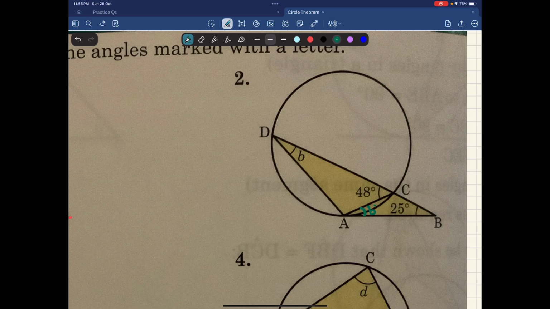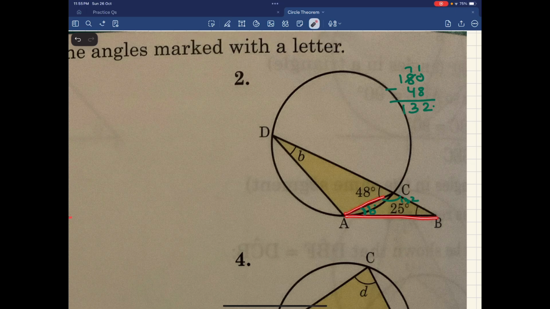Okay, and again we know that angles on a straight line add up to 180. So if this is 48, this would be 180 minus 48. So 180 minus 48 would give you 132 degrees. So this is 132. And now let's have a look at triangle ABC, right? So this is 132, this is 25. We can find angle B here.